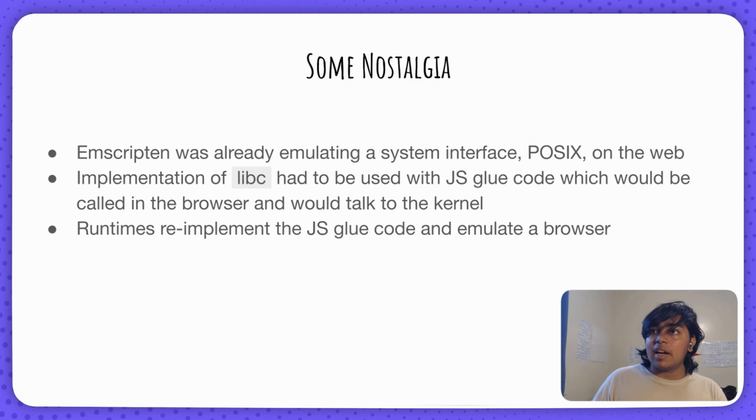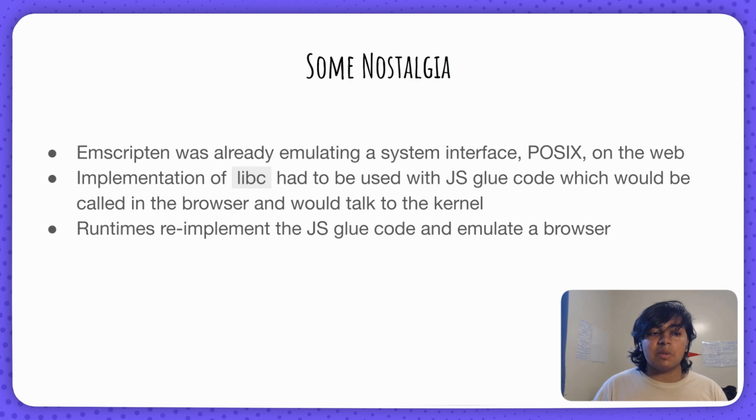So in your application compiling to WebAssembly, you still get to work with the standard set of system calls, but it can run everywhere. Essentially your runtimes will re-implement the JS glue code and emulate a browser. This was one of the earlier ways that WebAssembly was run beyond the web quite a few years ago.